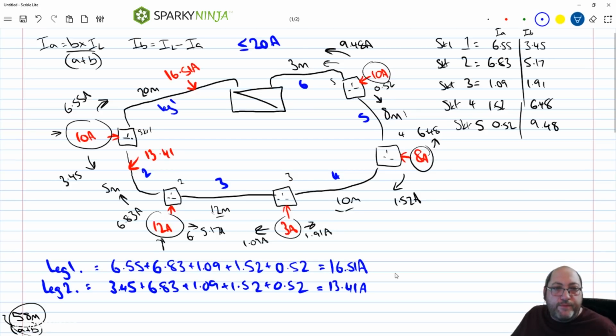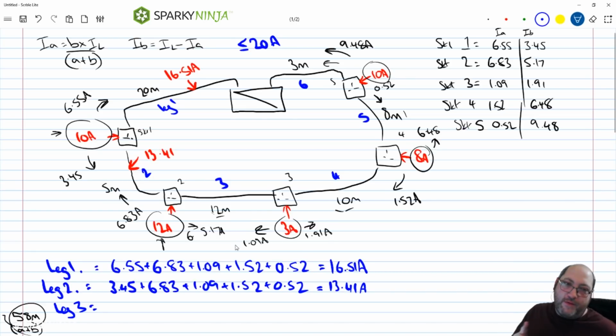Let's do leg 3. Now with leg 3, it's going to have the IB of this socket pulling that way, and the IB of socket 2 now pulling that way. So we're going to take the IBs of sockets 1 and 2, but then the IAs of 3, 4 and 5.